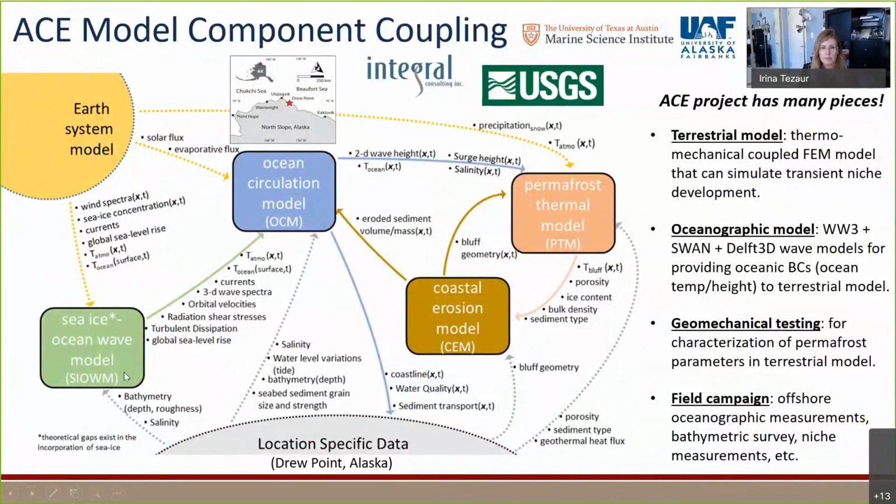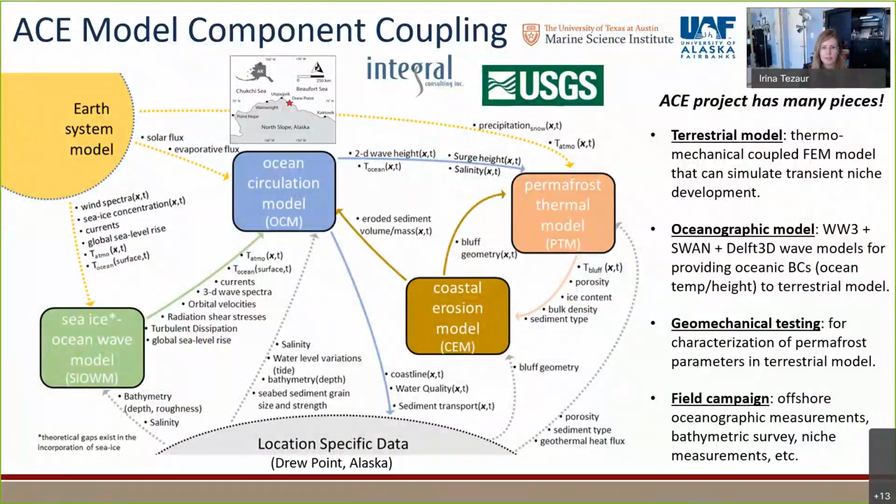What are the pieces? So we have the sea ice ocean wave model, the ocean circulation model, the permafrost thermal model, and the coastal erosion model. And so the way this is intended to work is the ocean wave model, which for us includes sea ice cover, feeds boundary conditions to the ocean circulation model. The ocean circulation model is used to predict nearshore currents and their interaction with waves along the coastline.